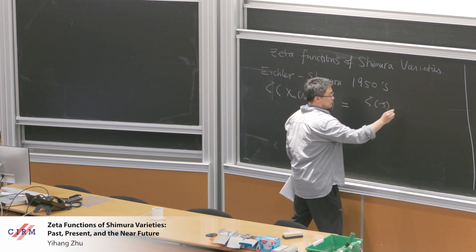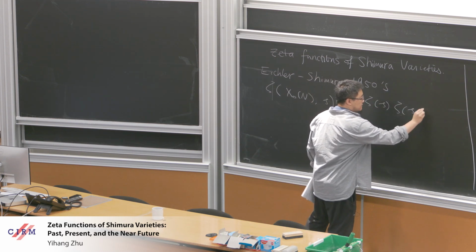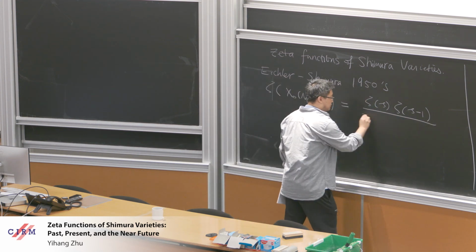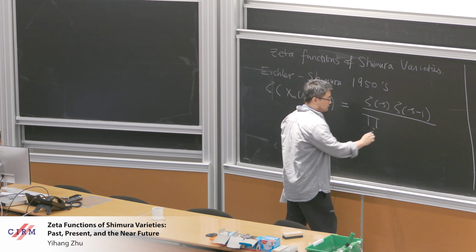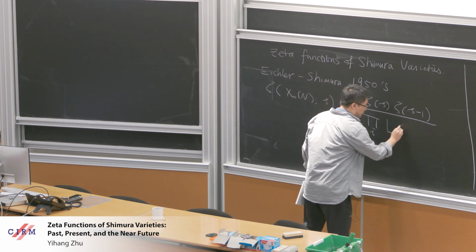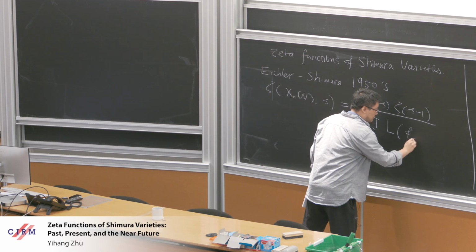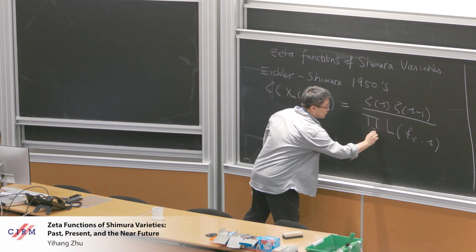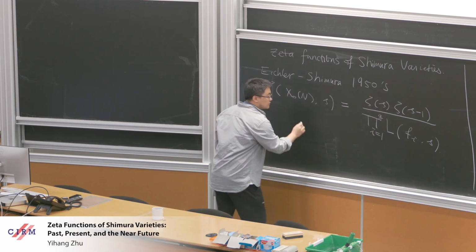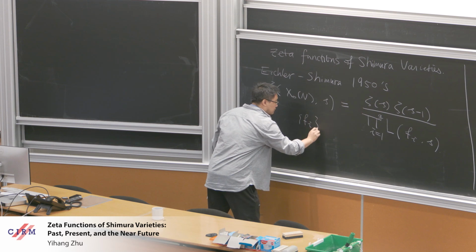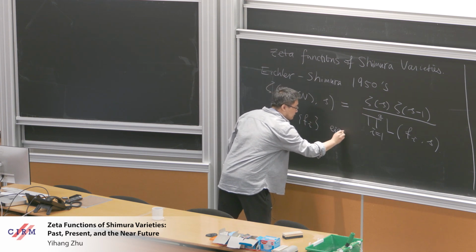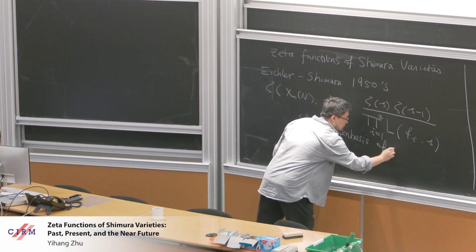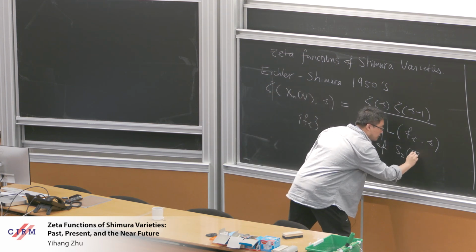You have the Riemann zeta function at s times the Riemann zeta function at s minus 1, and then you divide by the product of L-functions of weight 2 cusp forms, L(f_i, s). So here it's a finite product. Here these f_i's are elements of an eigenbasis of the space of weight 2 cusp forms of level Gamma_0(N).